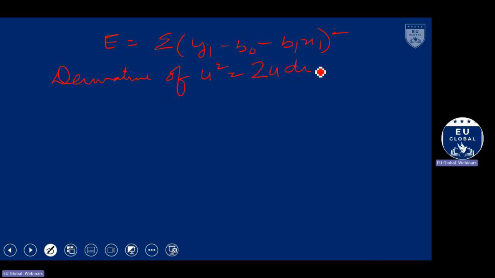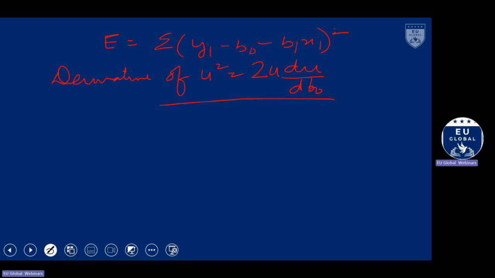Let's start from there. E is equal to summation of yi minus beta naught minus beta 1 xi whole square. Here we know that if we take the derivative of u square, this is going to be 2u du by db naught.